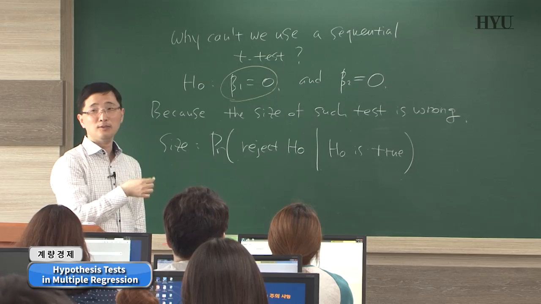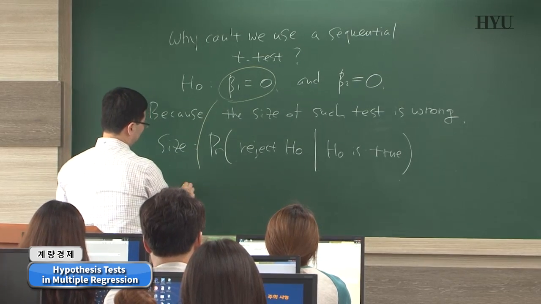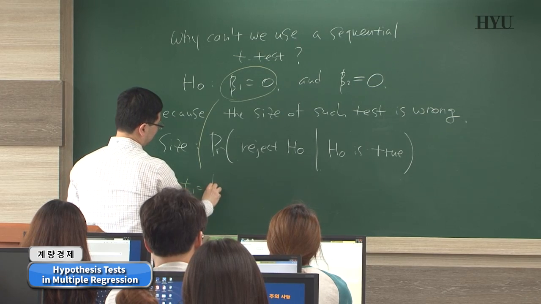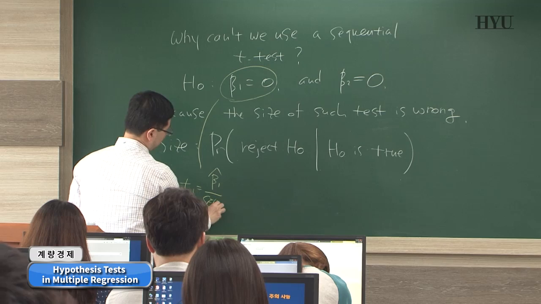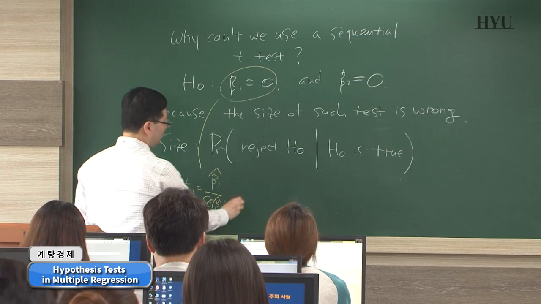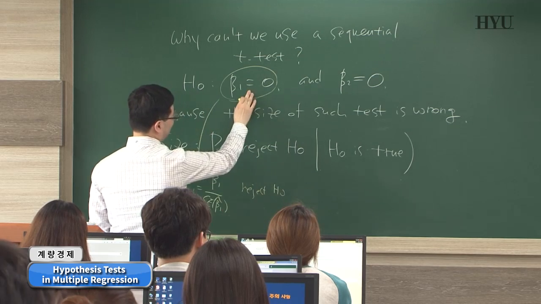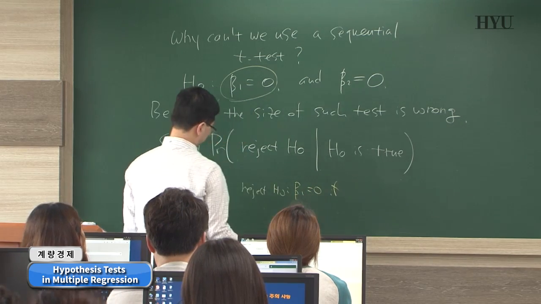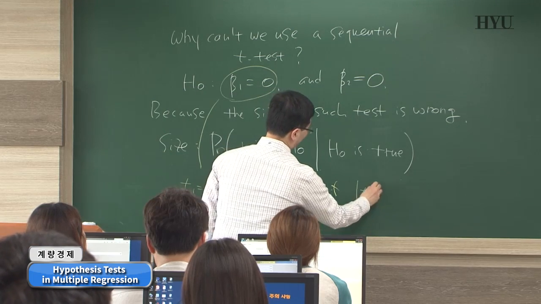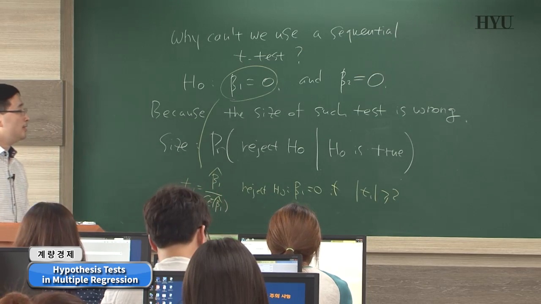If you view it as a simple hypothesis, we calculate the t-value and we reject this simple hypothesis when t1 is bigger than 2, right? Or 1.96. That's what we do.